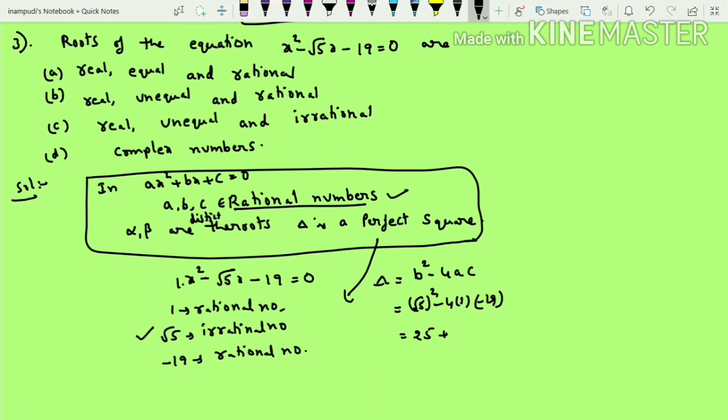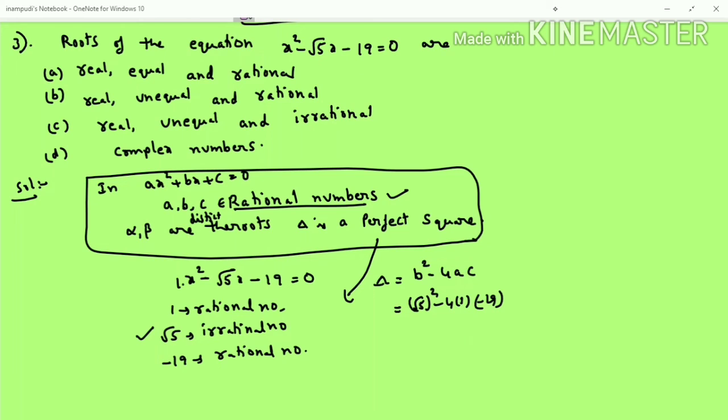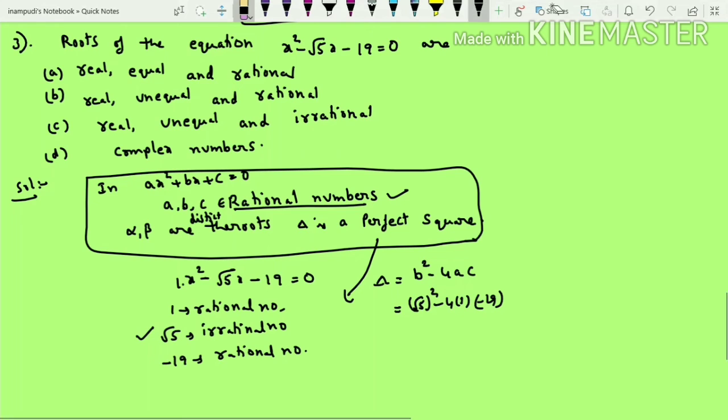Root 5 whole square, the square and root cancel, gives 5, plus 76, it is 81.